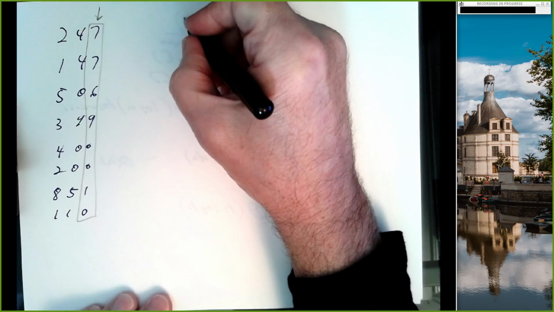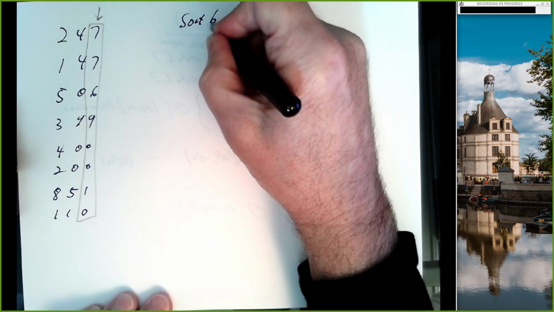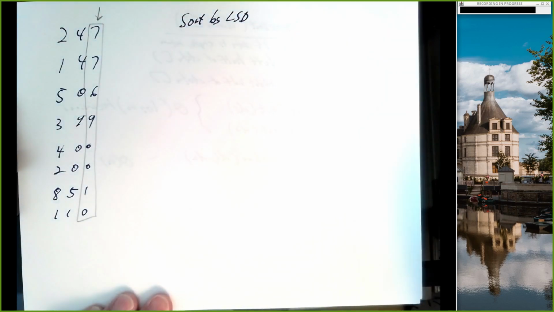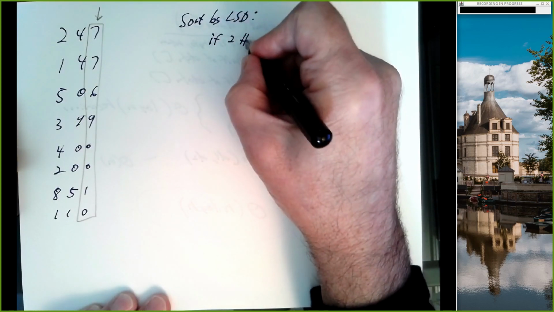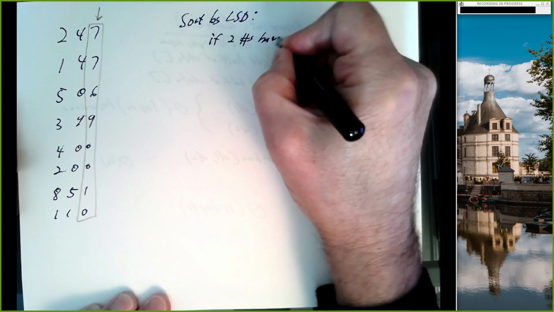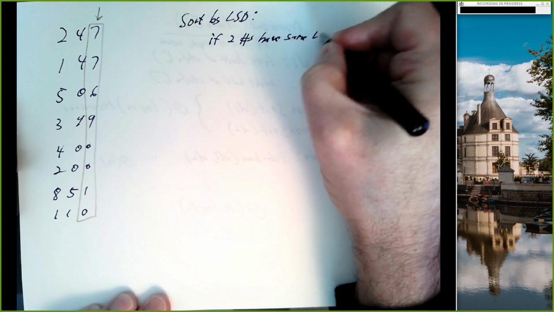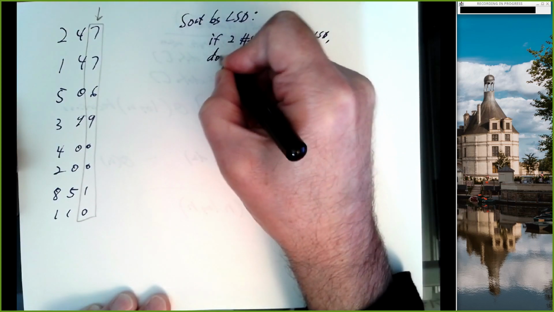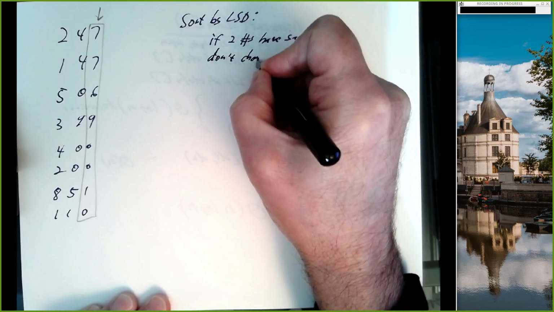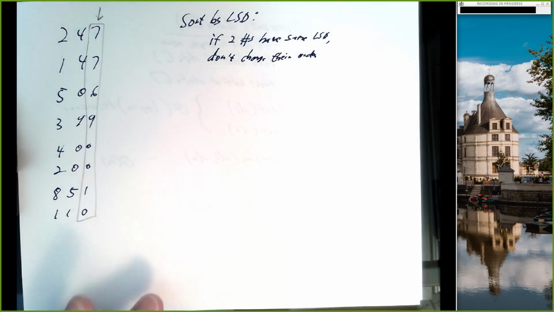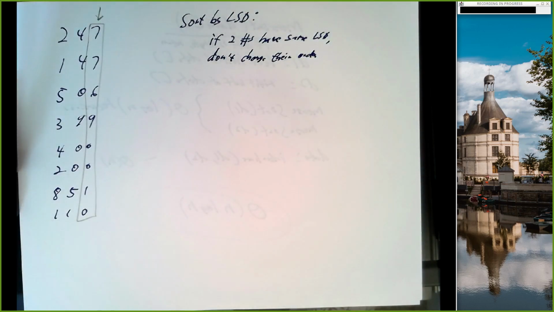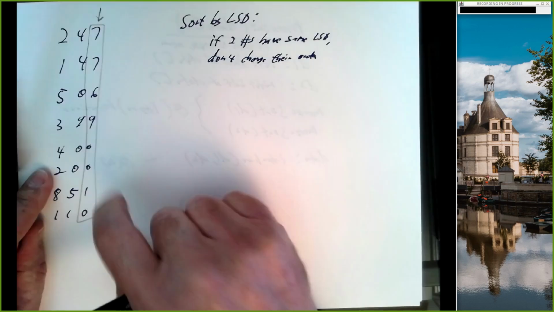So sort by least significant digit. And the important thing about this is if two numbers have the same least significant digit, don't change their order. So for example, 400 and 200 both end with a 0.